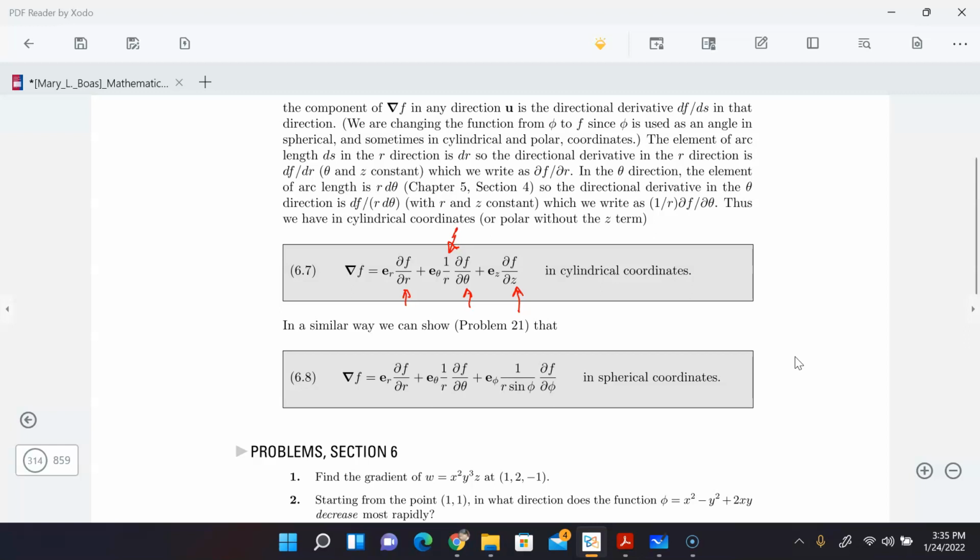If you just take your d/dr alone, the dimension of this is 1 over L. If you consider d/d theta, this has no dimension, or the dimension is radian, which is really dimensionless.